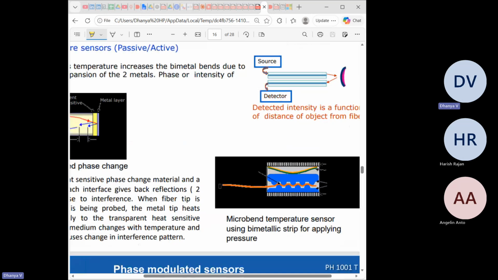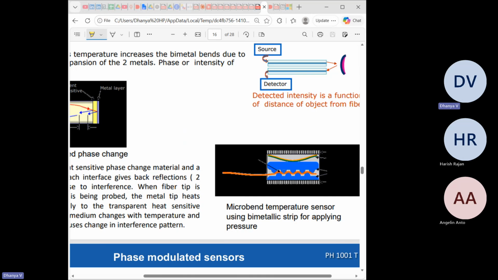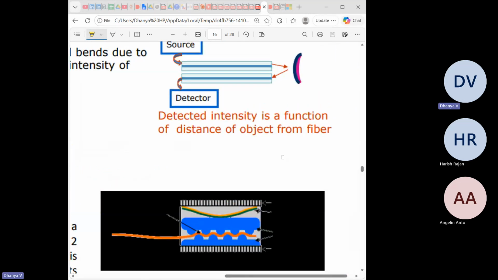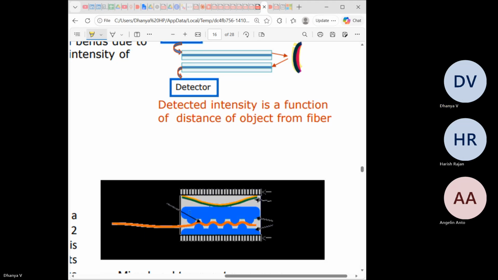This bimetallic strip will get crammed by these two strips, which apply pressure on it. Essentially, when based on the source this bimetallic strip gets bent, that will get detected, and this bending will ensure this pressure takes place.